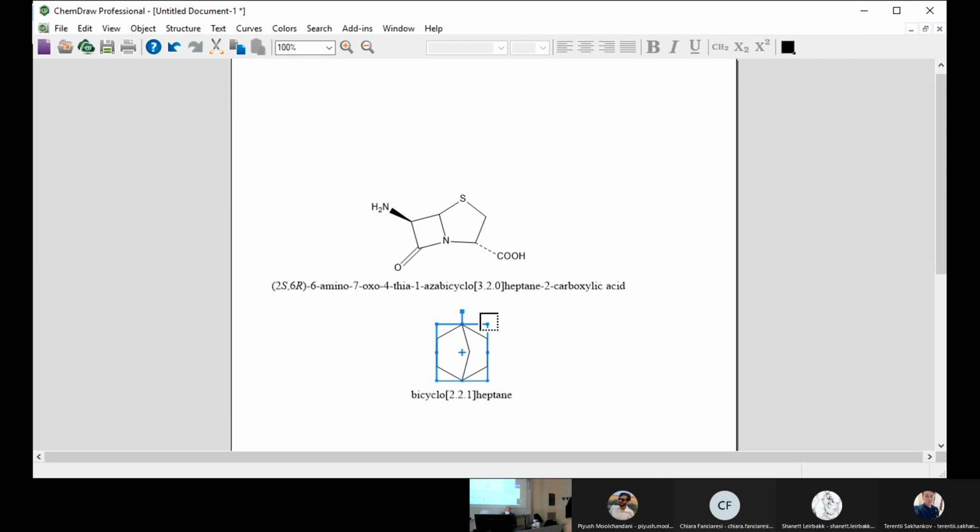So when you see bicyclo, you have to imagine a system of 2 rings, and you have to read carefully the numbers in the square brackets. Is it clear? Yeah?